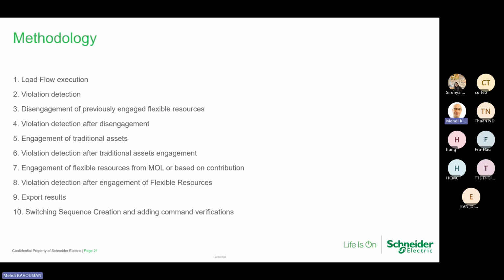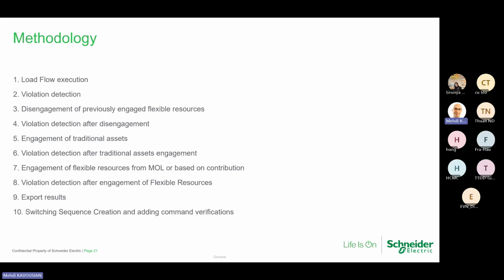All right, so how does EVN do this? If you go model based, it's an explanation from model based. But if it's not model-based, the load flow is, let's say, a heuristic load flow. It just sums up the numbers. The load flow executes first and checks if there are violations or not.